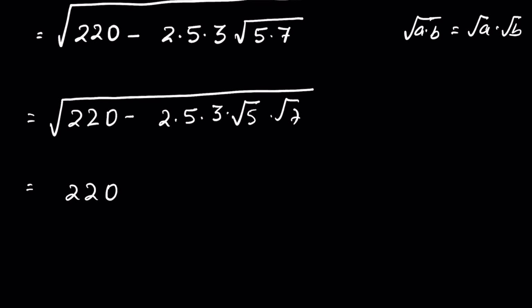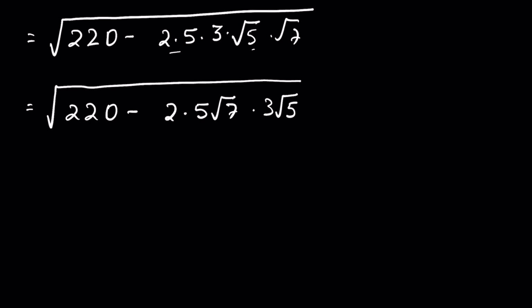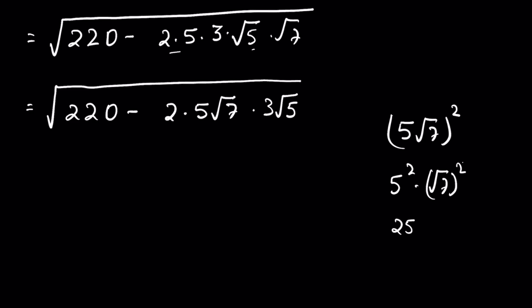Now let's rearrange it. We can write it as 2 times 5 times square root of 7, and then times 3 times square root of 5, under square root. If you square 5 times square root of 7, it will be 5 square times square root of 7 square. 5 square is 25, and the square root removes this square, so 25 times 7 is 175.